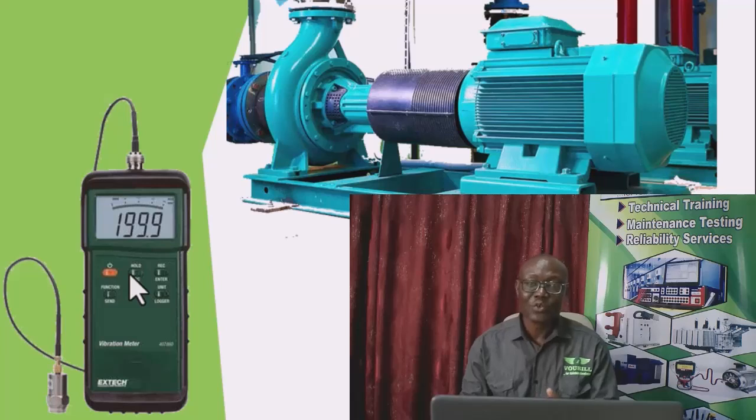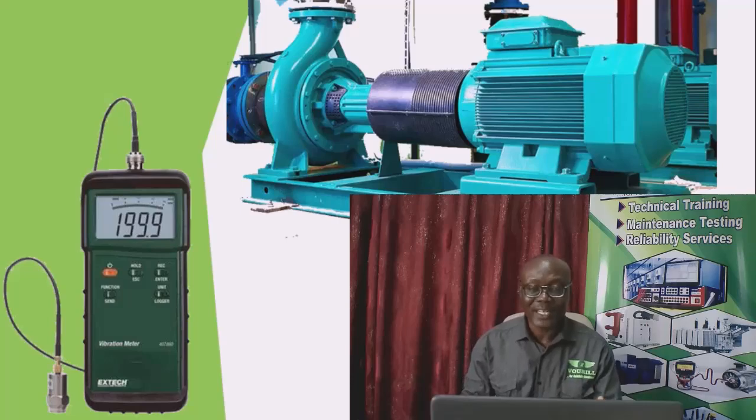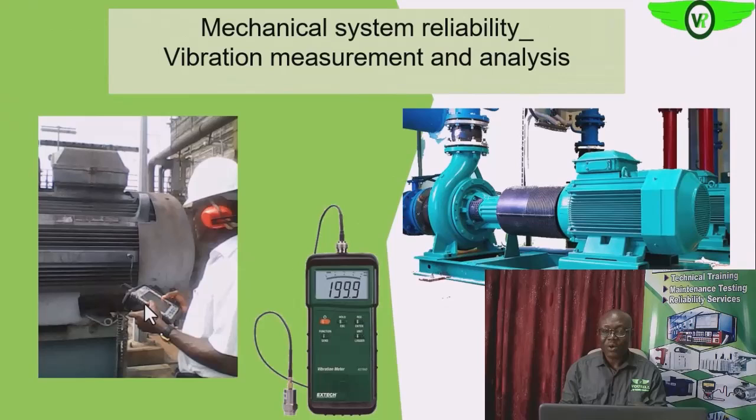So when it's entering that area, as the vibration is increasing, we can now use the vibration analyzer, which will help us to analyze and determine the cause of that increased vibration.